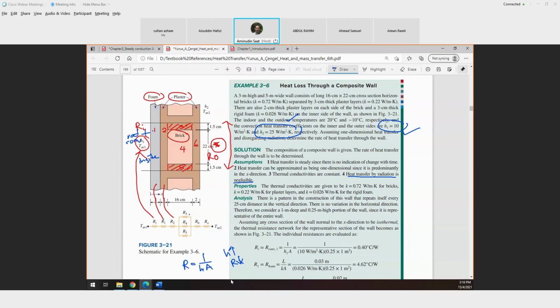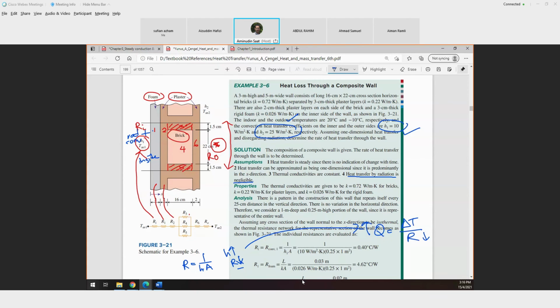The higher the h, the lower the R, the greater the effect, because this is related to Q equals delta T over R. If R is small, Q will be increased.